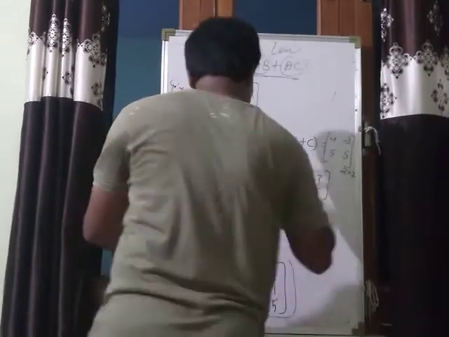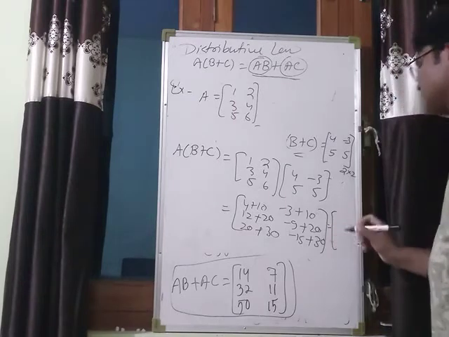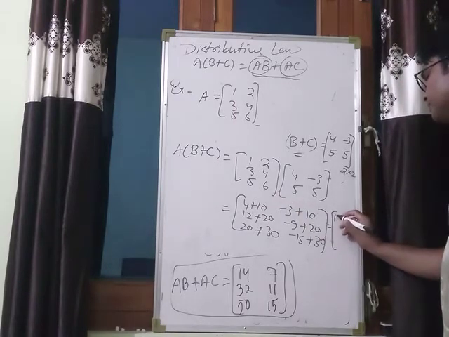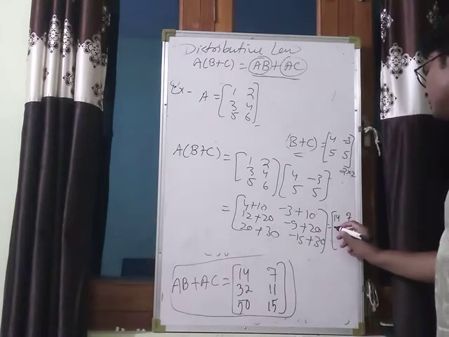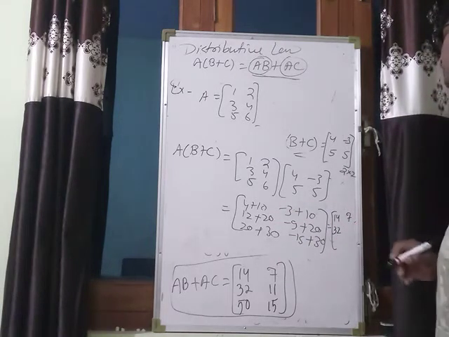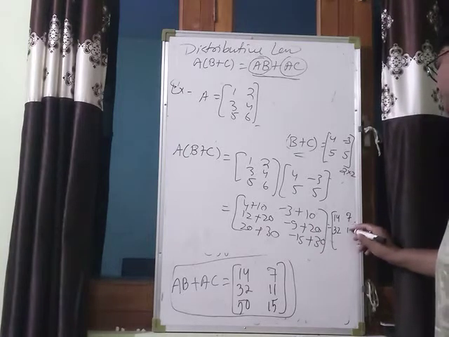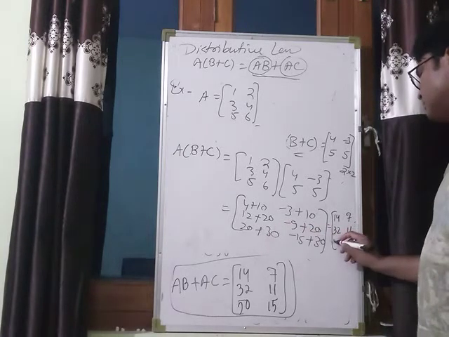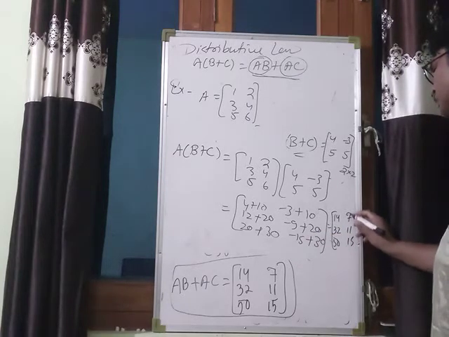So that is equal to 14, this one 7, this one 32, this one 11, this one 15, and this one 15.